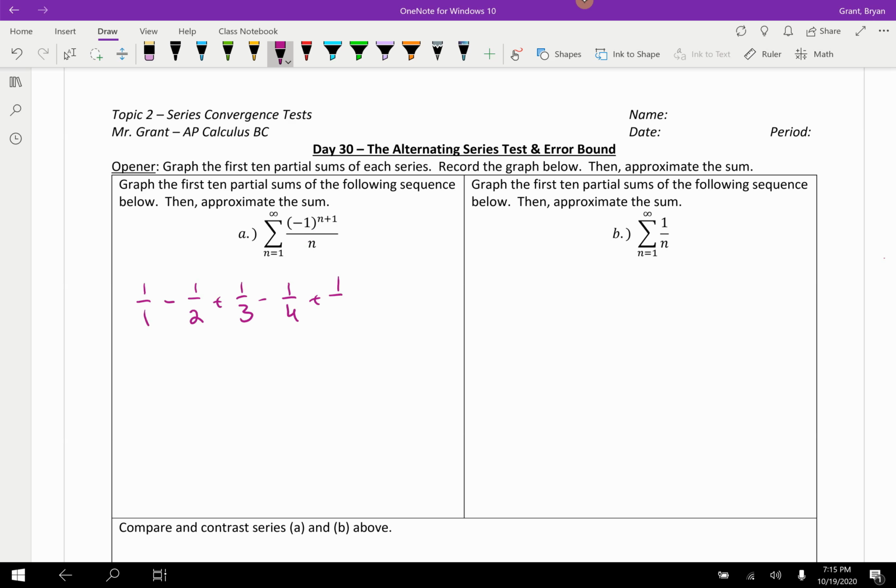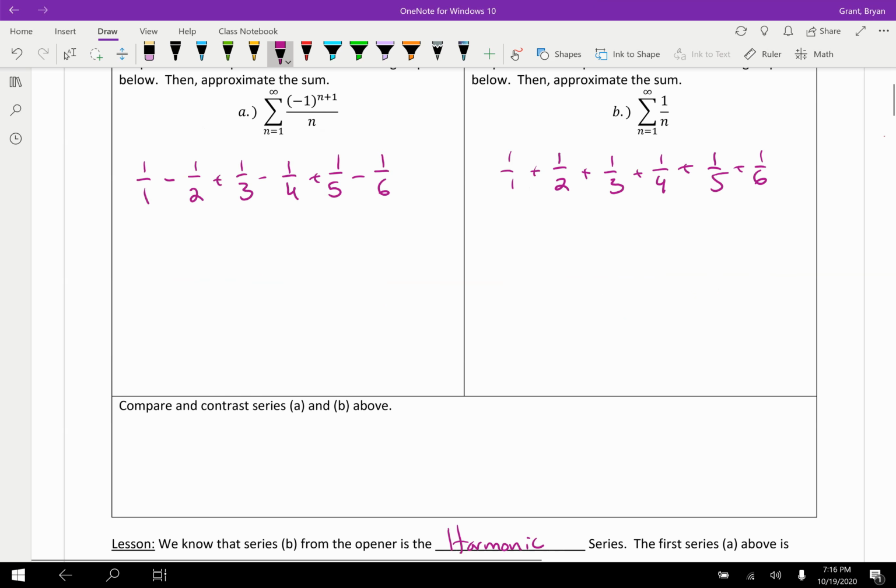Right? And so what I was doing when I added up the first 5 terms is summing up all of those. When I summed up the first 6 terms, we did all this, so on and so forth. And if we compare that to the harmonic series, extremely similar, except instead of those minuses on every other term, we have positives all the way through.